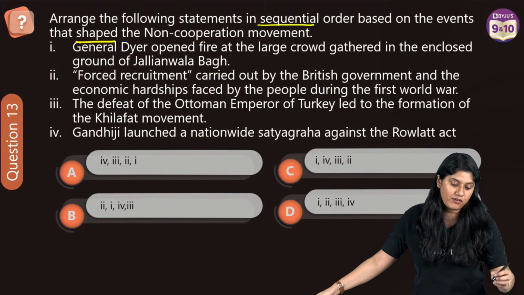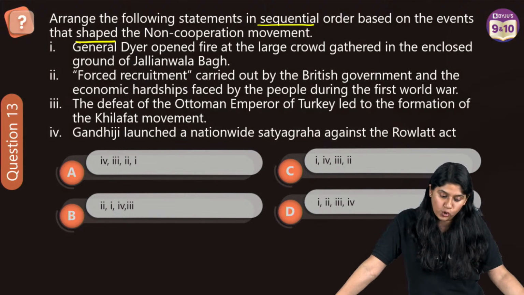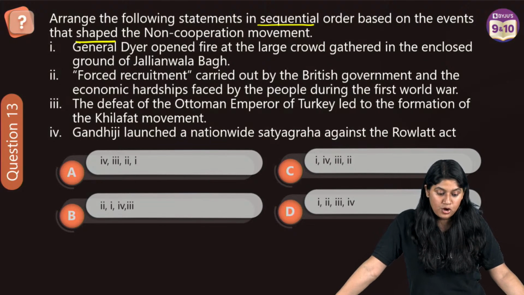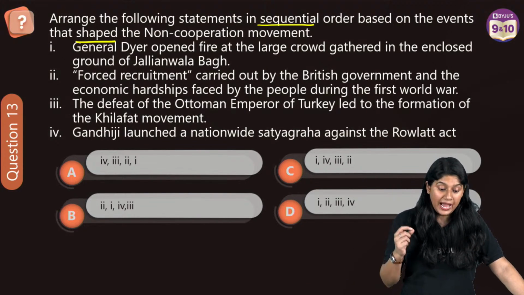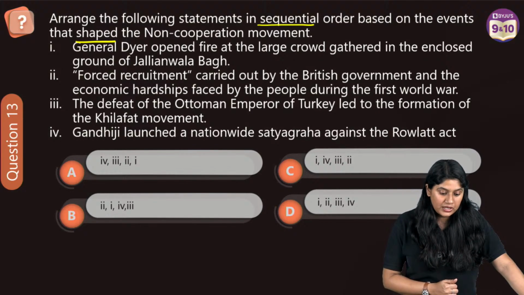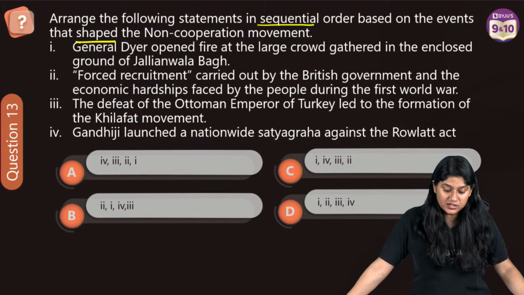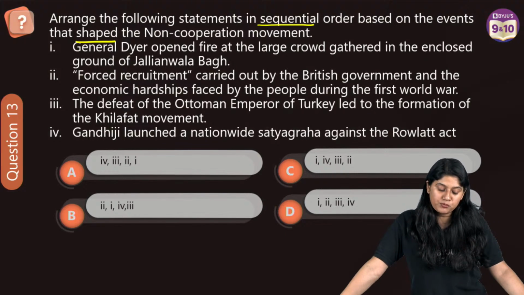The statements: General Dyer opened fire at a large crowd gathered in an enclosed ground of Jallianwala Bagh. Forced recruitment was carried out by the British government and the economic hardship faced by the people during the First World War. The defeat of the Ottoman Empire of Turkey led to the formation of the Khilafat movement, and Gandhiji launched the nationwide satyagraha against the Rowlatt Act.